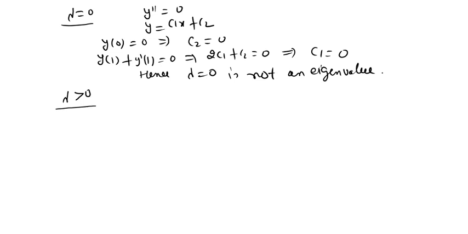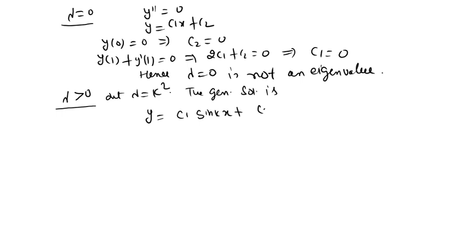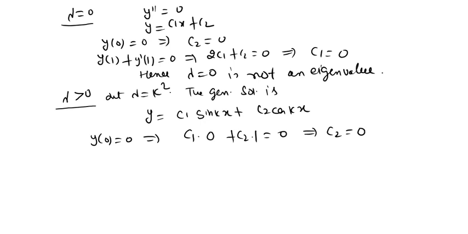So third case, lambda is positive, so we can let lambda equal to k square, and the general solution is y equal to c1 sin kx plus c2 cos kx. The boundary condition y at 0 gives c1 times 0 plus c2 times 1, so c2 equal to 0.